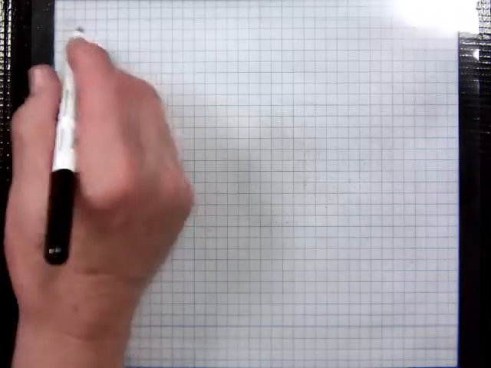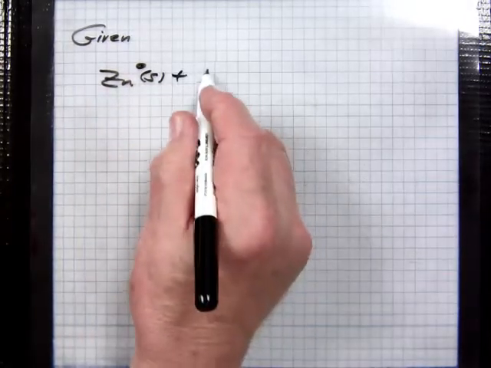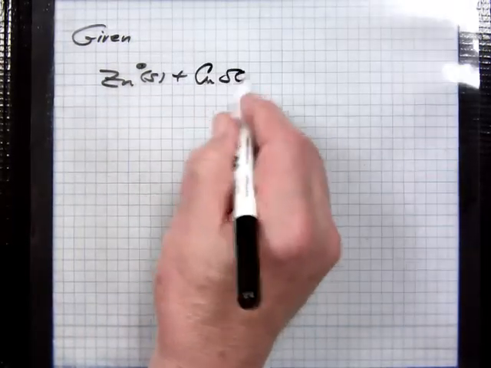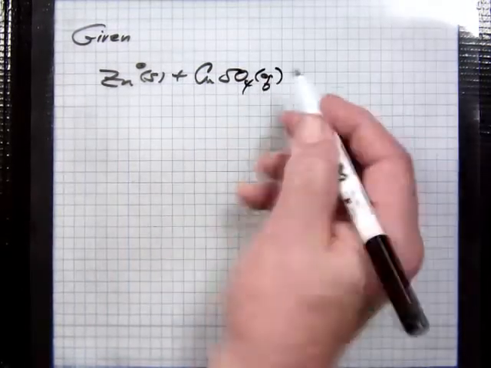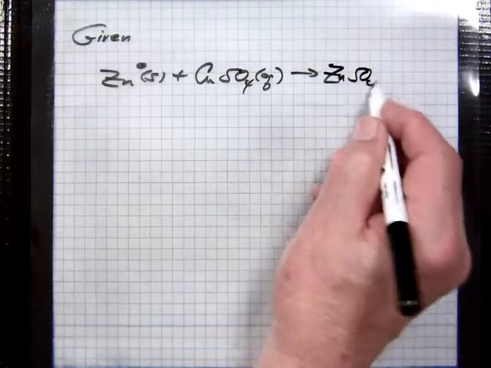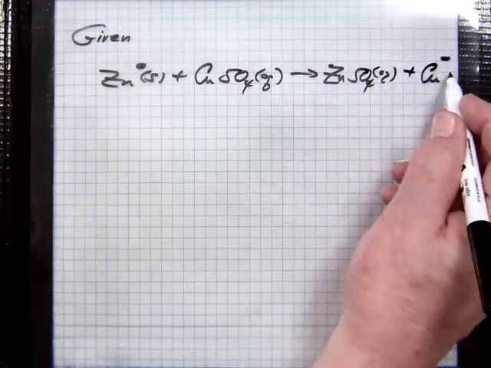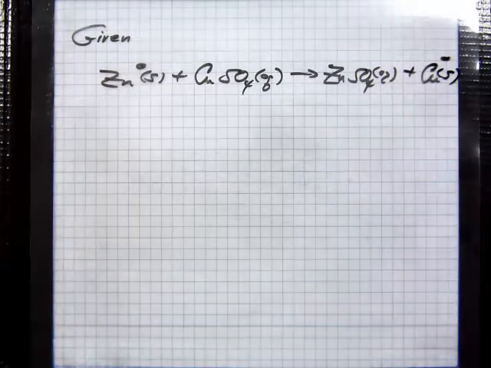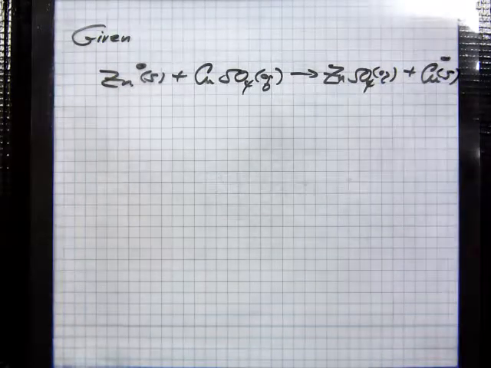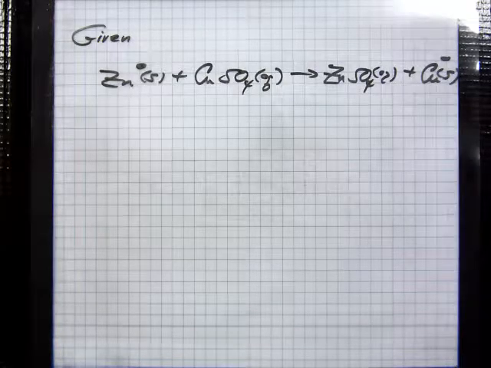Let's say you're given the following equation. It's a single replacement producing copper in its standard state.